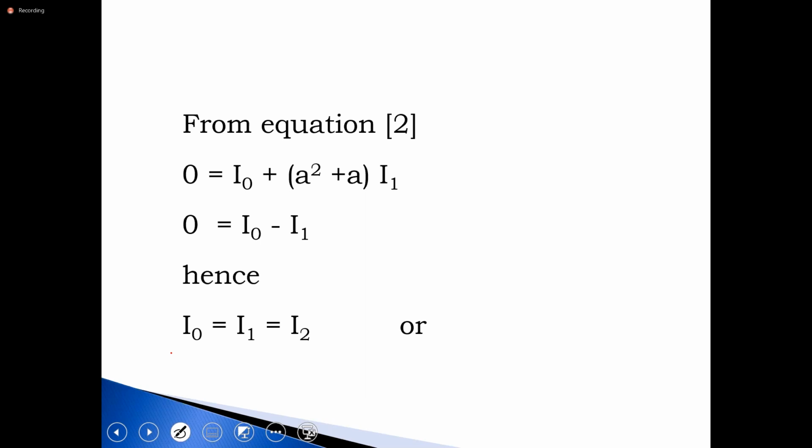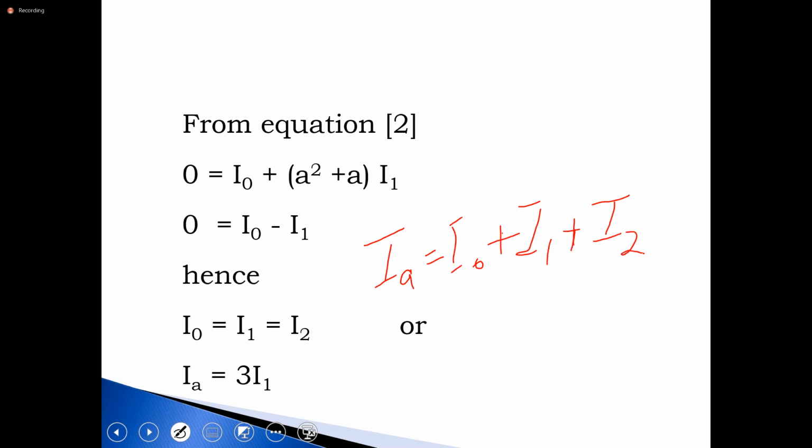Another way of putting it is that IA, because remember the faulted phase was the A phase, IA is equal to 3I1, since all three sequence currents are equal. So go back to the original equation, IA was equal to I0 plus I1 plus I2.